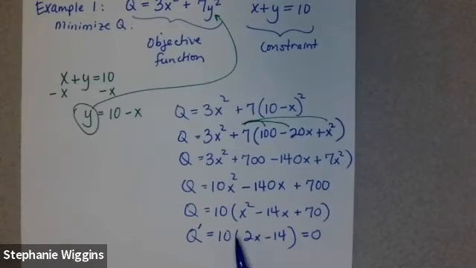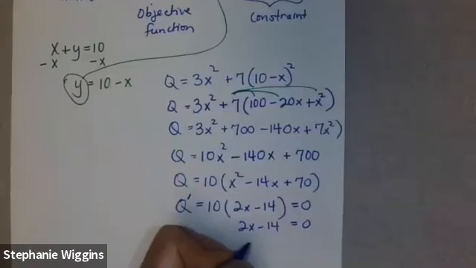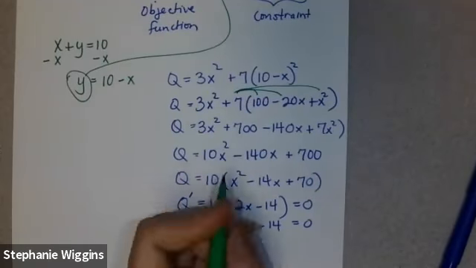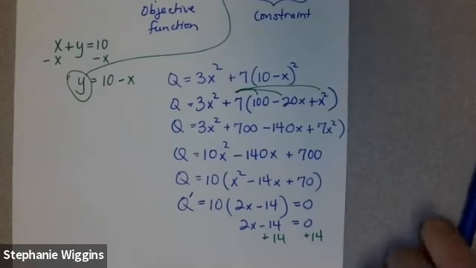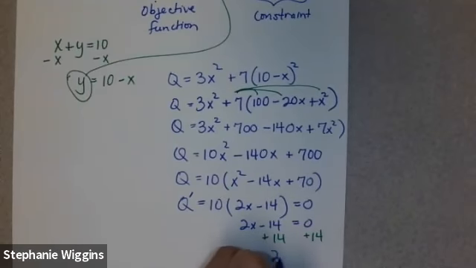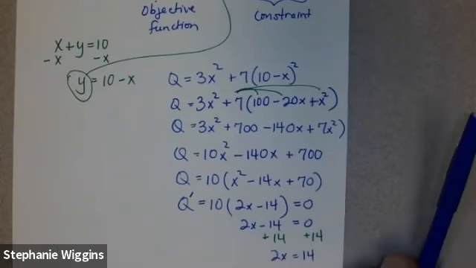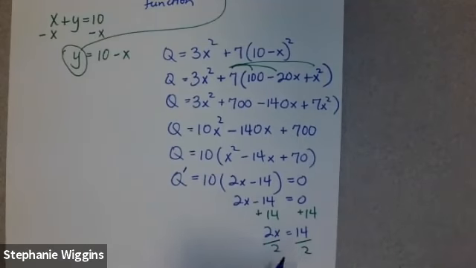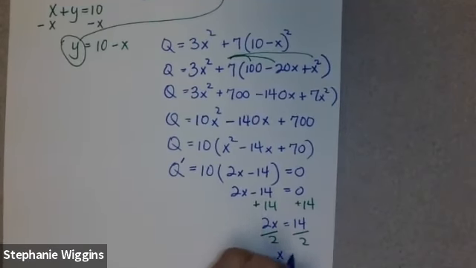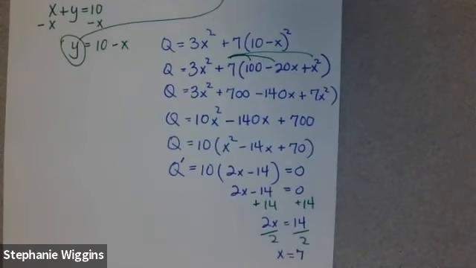So in order for this product to be 0, 2x minus 14 must equal 0. If we add 14 to both sides, 2x is equal to 14. And then I divide both sides by 2. And finally, I get that x equals 7.